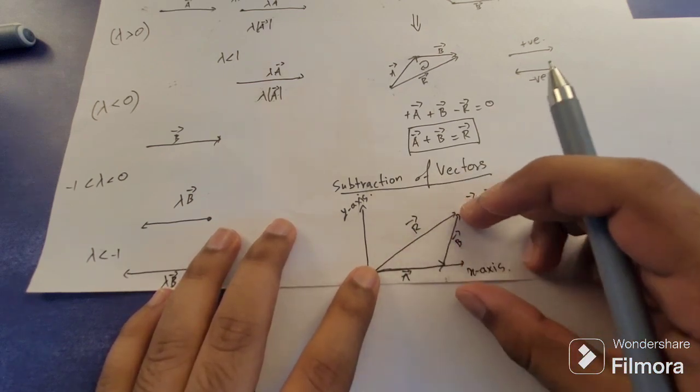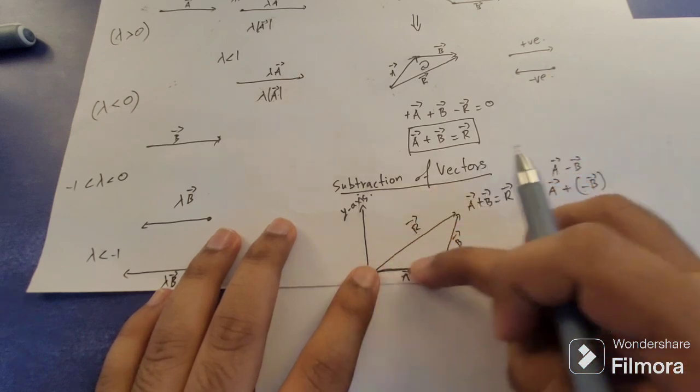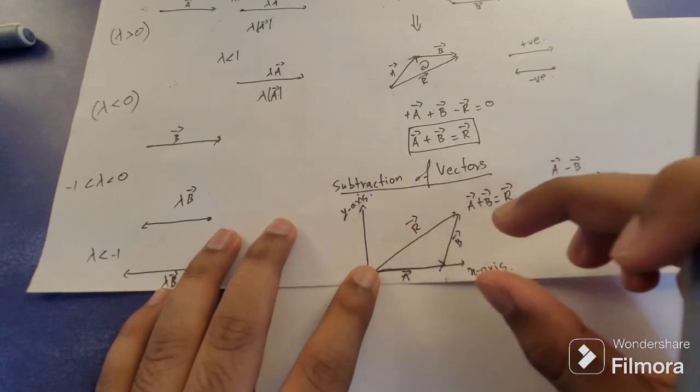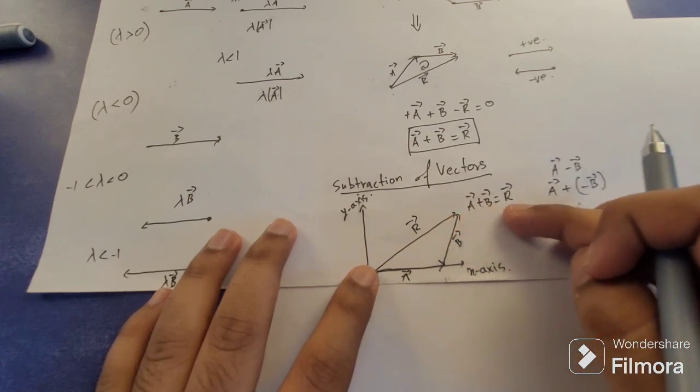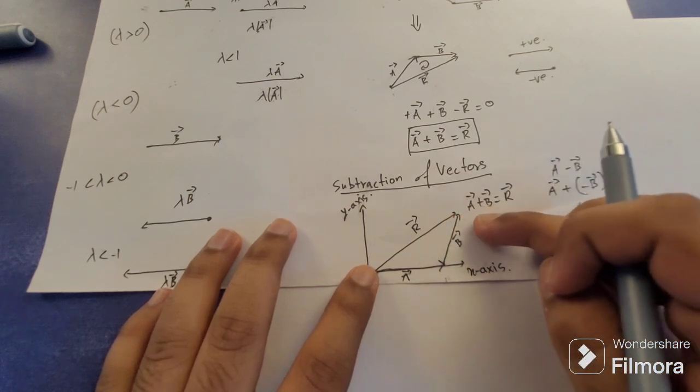So no matter how many times I reverse the direction of any of these three vectors, when I apply the triangle law of vector addition, I'll always end up with the same result, r vector equals a vector plus b vector.